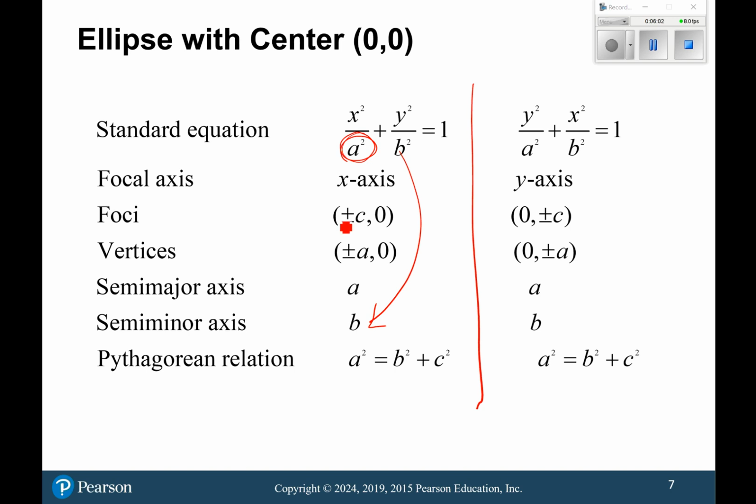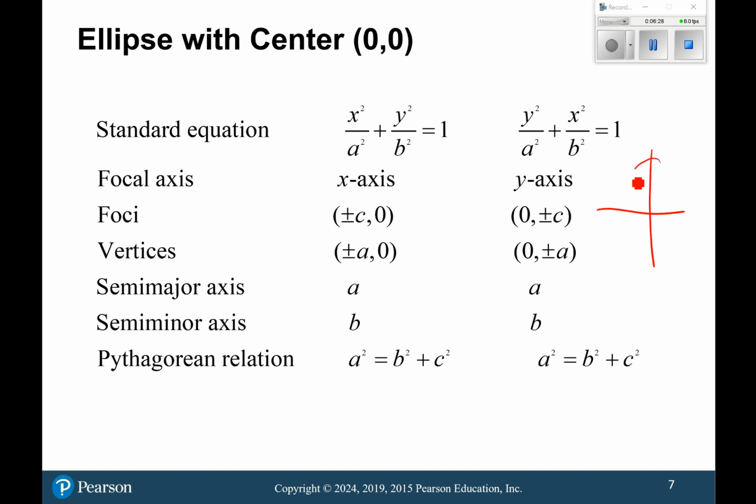How are we going to find the foci? Dear old Pythagoras. Now again, it's kind of tricky. It's not a squared plus b squared equals c squared. It's the relationship between these numbers in our denominators that is going to give us the focal length. And then if it's more like this, where the y-axis is going to be the focal axis, it's going to be longer than it is wide.